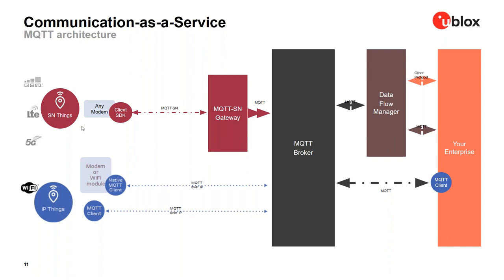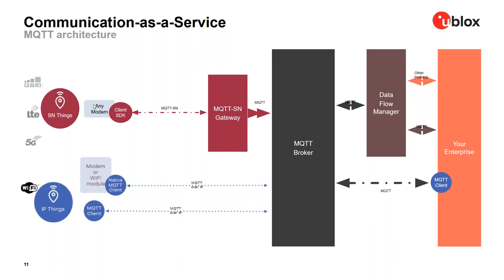With MQTT-SN, you can use this with any cellular modem, so you're not restricted to u-blox modules. Although with a couple of the modules, the R4 and the R5, there are built-in MQTT-SN clients which have some benefits in terms of speed to market.